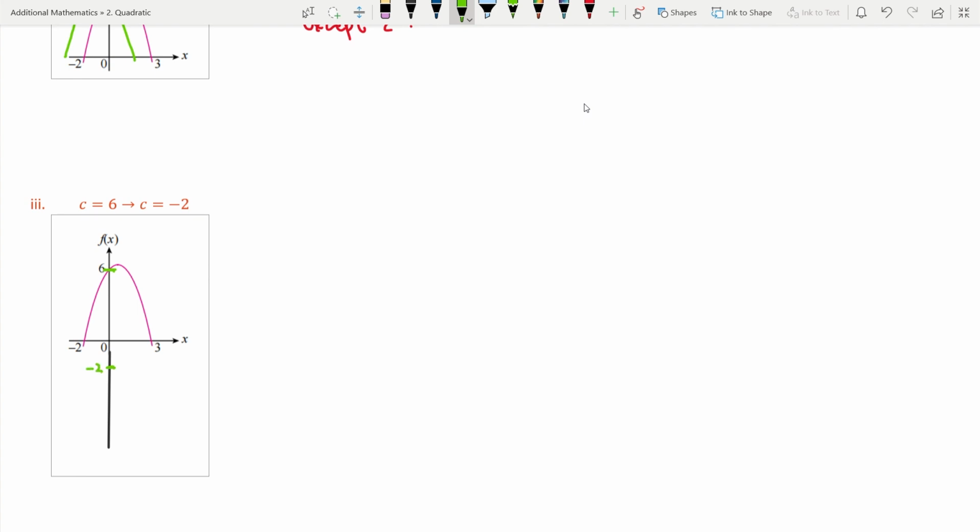The whole graph will move 8 units downwards. The shape of the graph does not change.